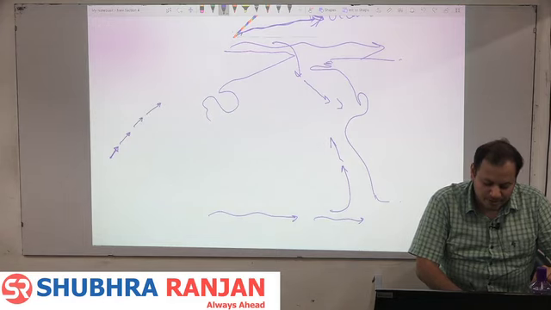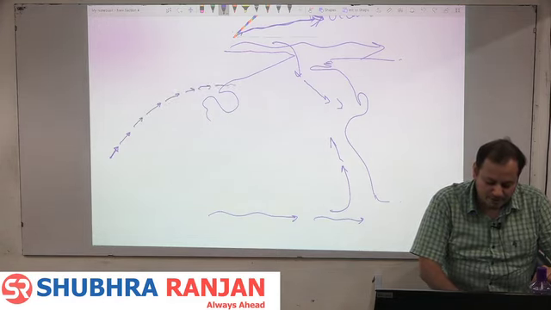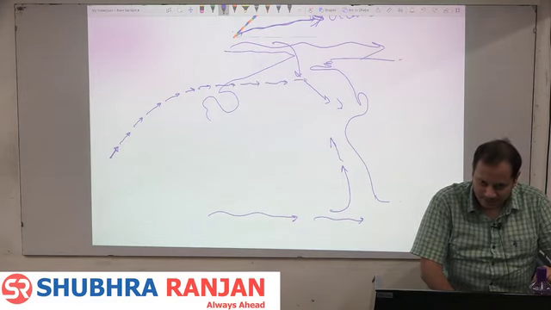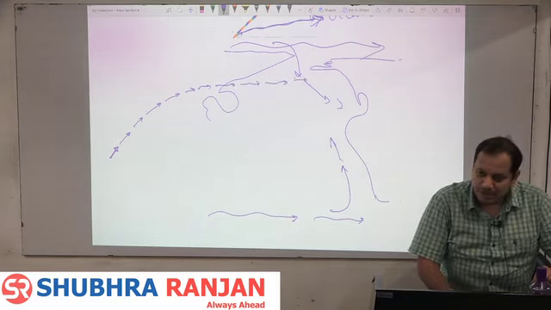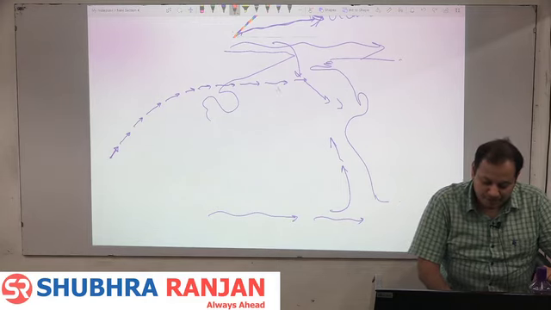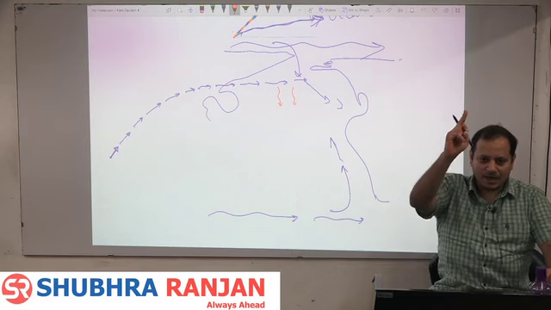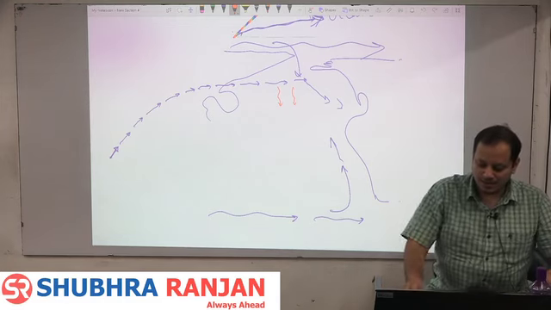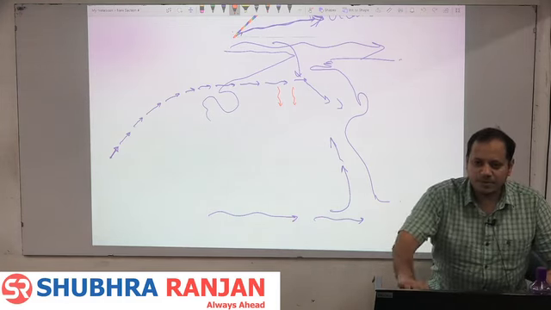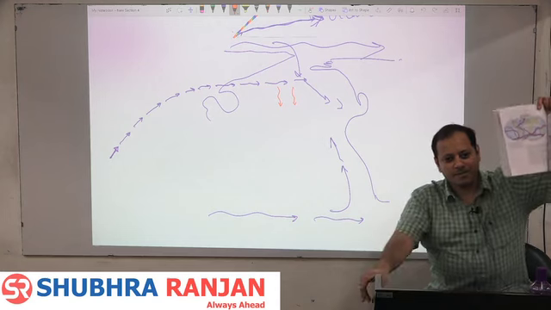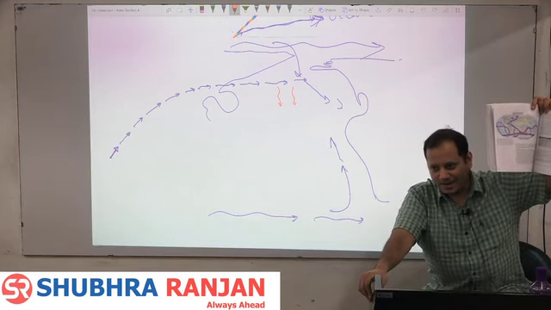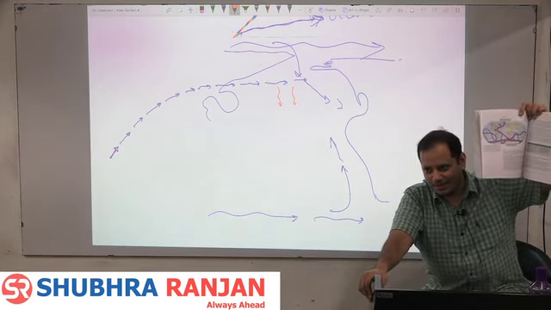The closer they go to the polar regions, the more the deflection increases, and ultimately in the polar regions they will flow from west to east. Getting it? So that is why there is a west wind drift, and because of the west wind drift we see some of the cold currents flow from higher latitudes to the lower latitudes, which I showed you in the diagram. Getting it? Perpendicular to the wind direction.